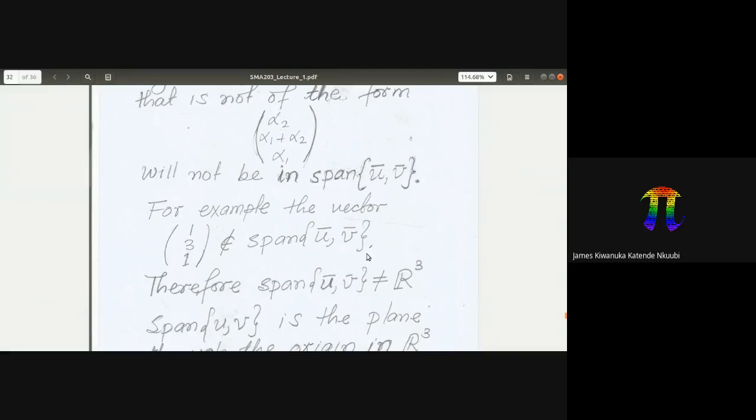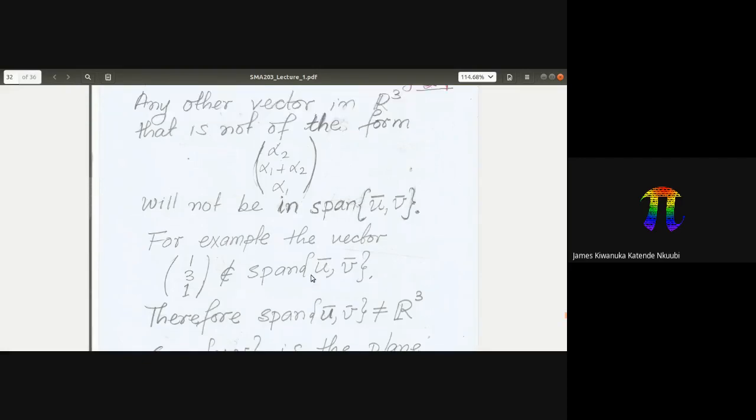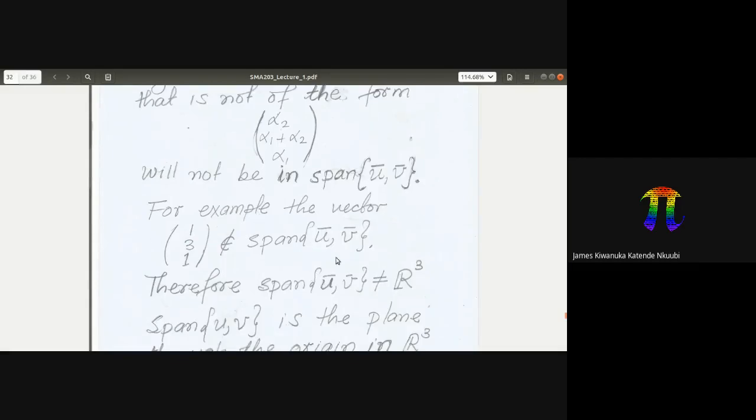The only way it can be in the span is if the second slot is the sum of the first and the third. So there are some vectors in R3 which are not in the span of U and V, and this means that the span of U and V is not equal to the whole of R3. It is just a subset of R3.